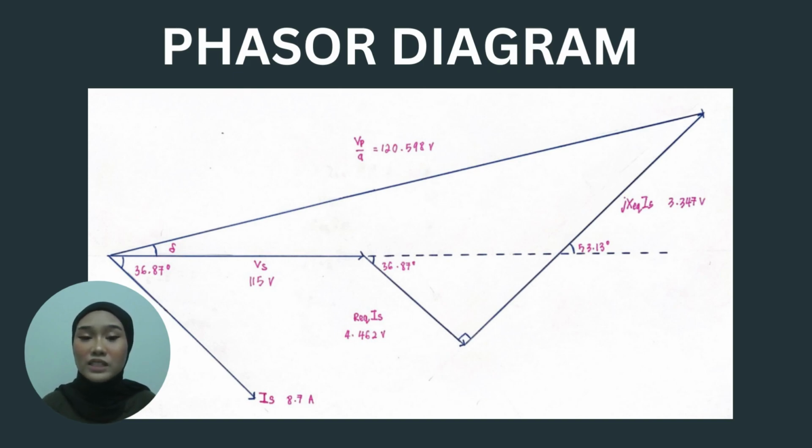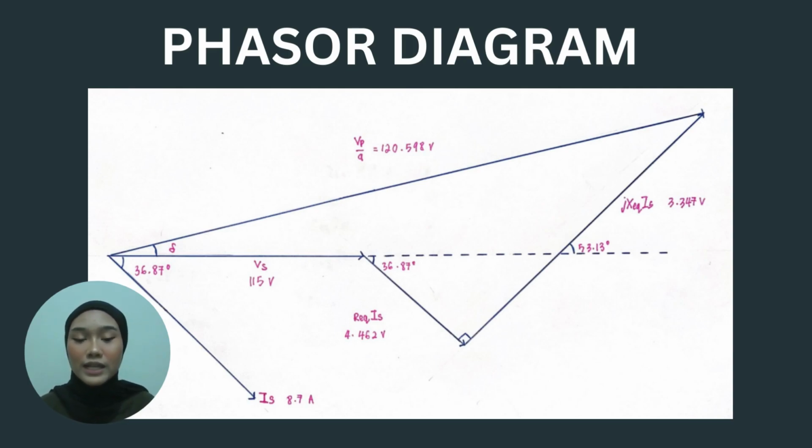Next, after we listed all of the values needed to construct the phasor diagram, we can simply draw it. So, here is the phasor diagram that we already constructed based on the equations that we got. As we can see, R equivalent multiplied with current secondary and X equivalent multiplied with current secondary are perpendicular with each other.